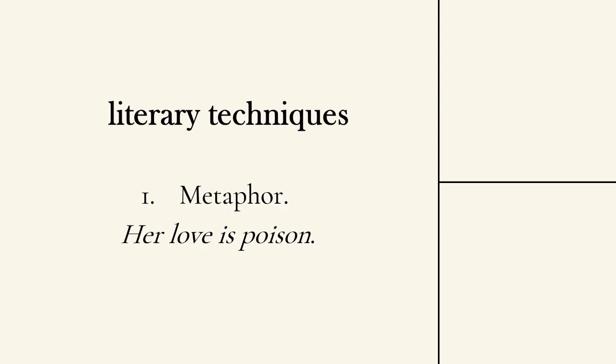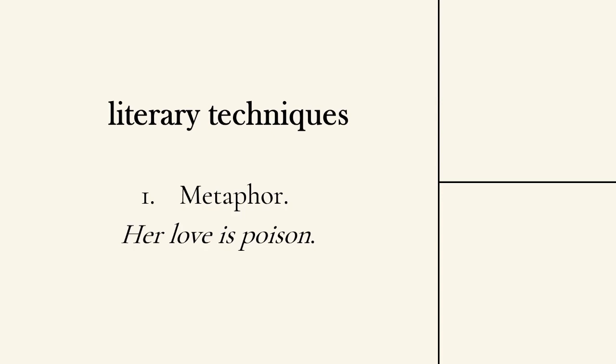consequences. Okay, so instead of the writer describing in multiple sentences how this person's love is damaging or disastrous, the writer decides to pack all that meaning into this simple straightforward sentence, which is that her love is poison. And believe me, your reader will get it, because when you think about poison, the first thing you think about is death, or at least something not good.